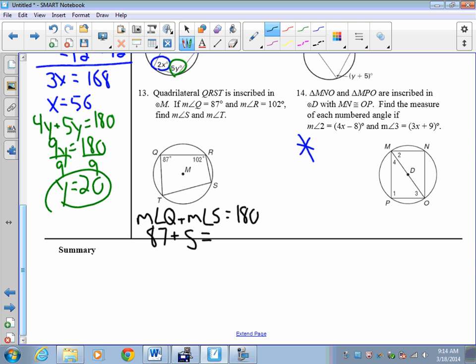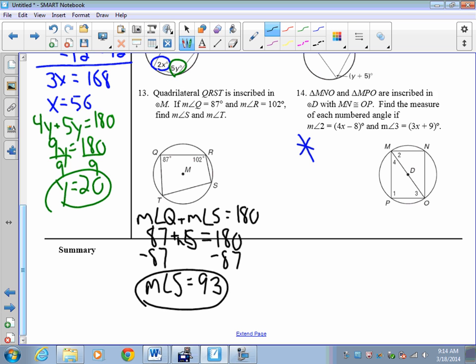We'll call it S. So I'm substituting. So the measure of angle S is going to be equal to 93. And I can do the same thing, and I'll see that the measure of angle T is 78.